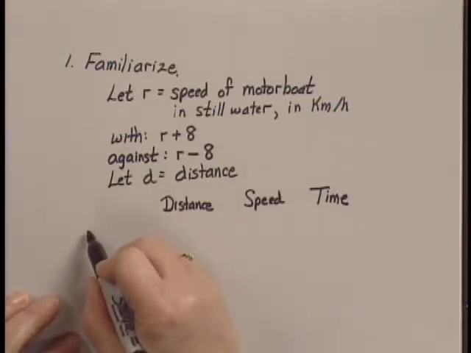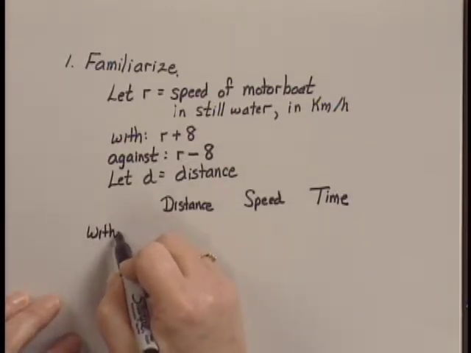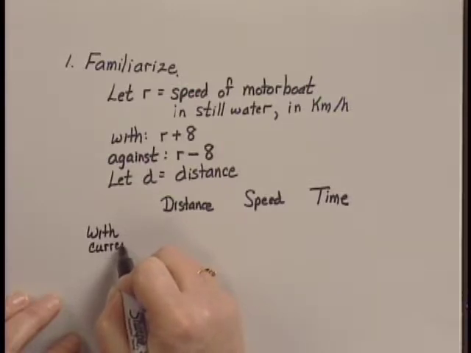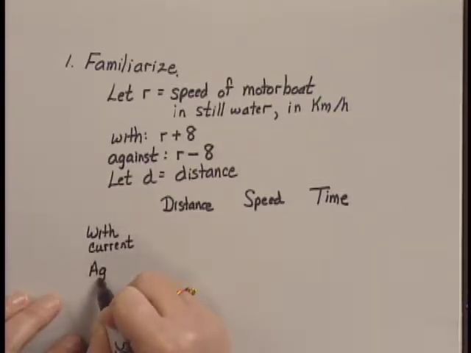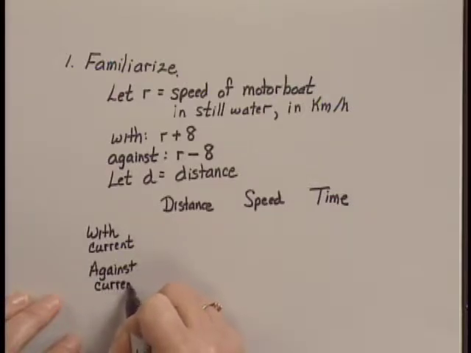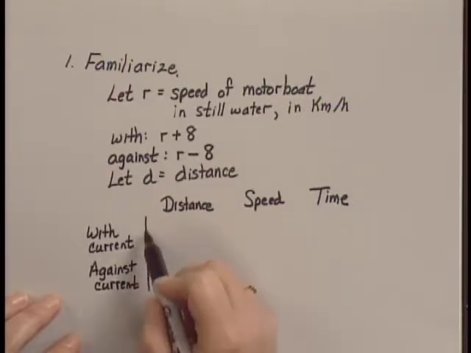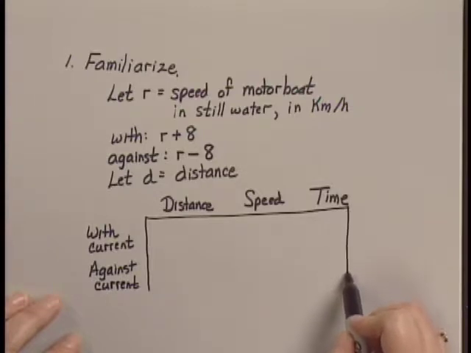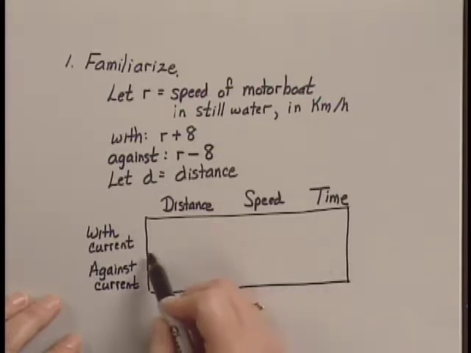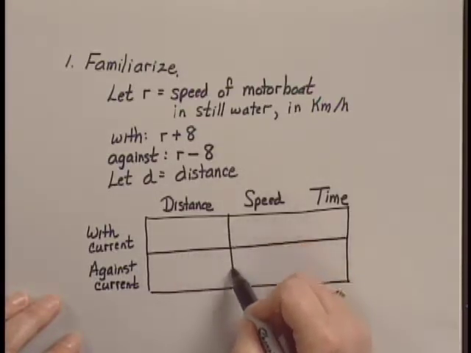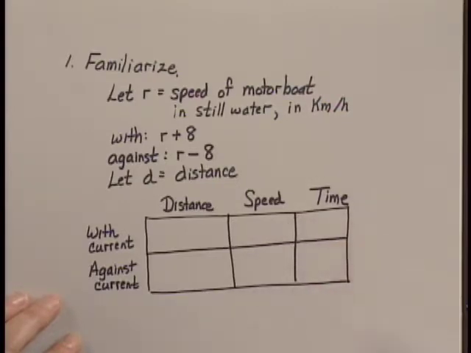In this case, with current and against current. And we can draw in a table with 2 rows and 3 columns.